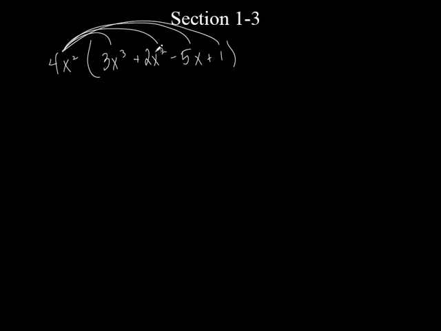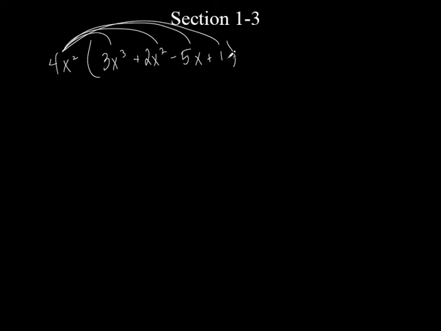First, actually, before I start, I should look at all the stuff in the parentheses. If there were like terms, if there were things that you could add together inside the parentheses, I would do that first before you run right into the distributive property. So let's just take a look. I got x cubed, x squared, x, and a 1. Well, there is nothing inside there I can add up. There's no like terms that I can add inside the parentheses. But I would always look for that.